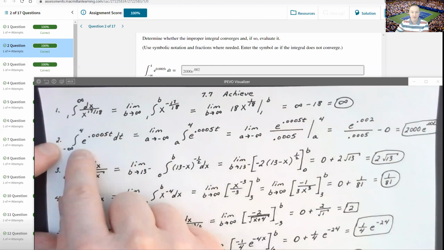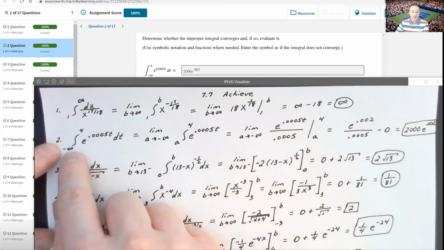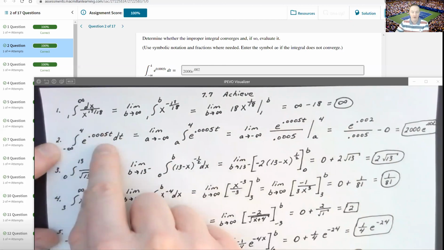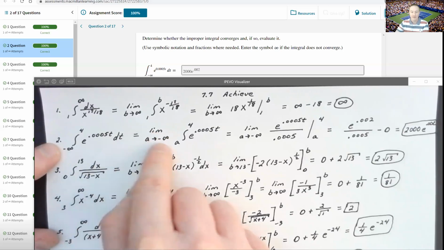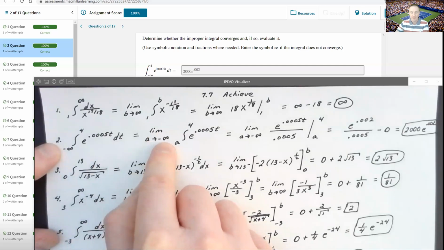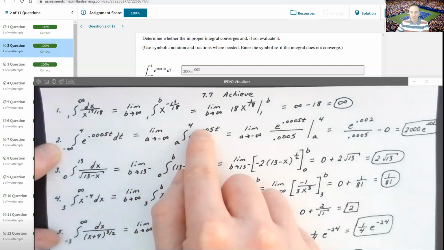In this number 2, the integral from negative infinity to 4 of this exponential function. Well, again, I need to clear up the improper integral and make it a proper integral. I do that by saying, let's take the limit as a approaches negative infinity of the integral from a to 4.